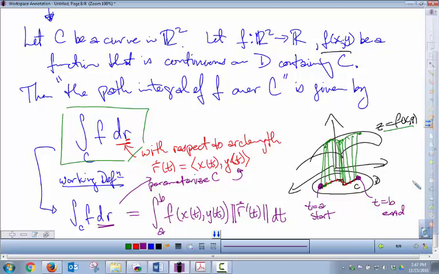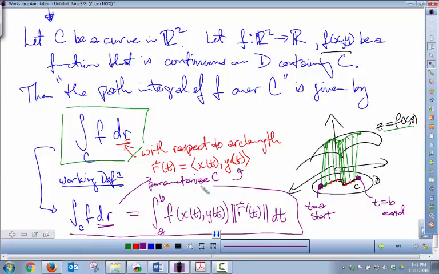So this is one of seven or eight integral types that we're going to need to know. And one of the other things is that you need to be able to distinguish between these different integrals.